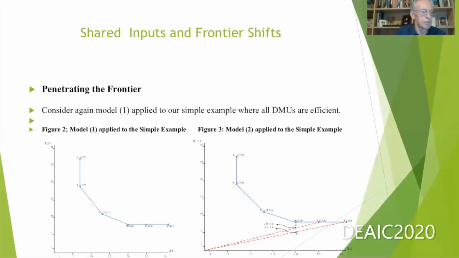In the conventional DEA situation, the data characterizing any given DMU remains unaltered in the optimization process of Model 1. In other words, the input data x_ij on the left side of 1B and the output data y_rj on the left side of 1C remain fixed.